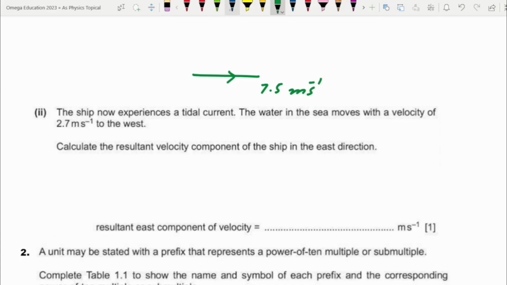Now the ship experiences a tidal current in the direction to the west, so it would be in this direction, 2.7 meter per second. Now what is the resultant velocity in the direction east? Well, it would be the difference of 7.5 and 2.7, because the 2.7 vector is opposite to the direction of the first one. So what do we get from here? We get 4.8 meter per second.